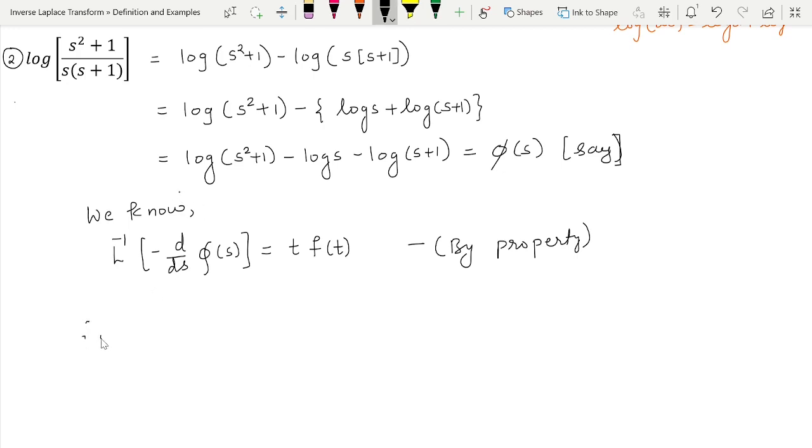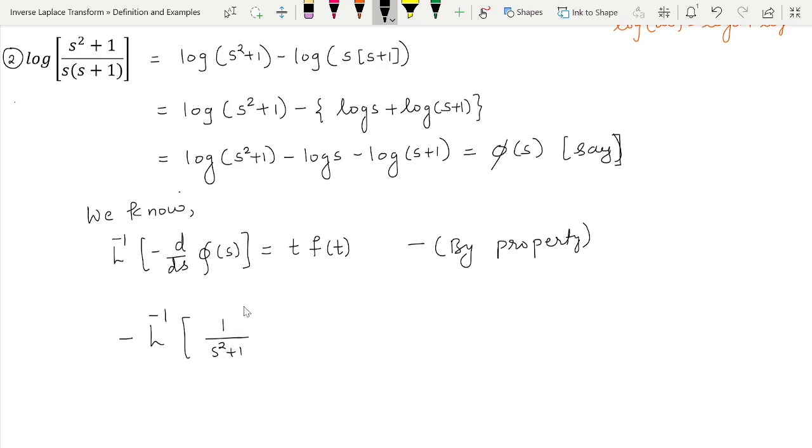So therefore L inverse, if you want, I will take this minus sign out here itself, so minus L inverse, and now let us differentiate it. So d by ds of phi of s will be 1 upon s square plus 1 minus 1 upon... I have missed one thing. Over here we need to use the composition rule.